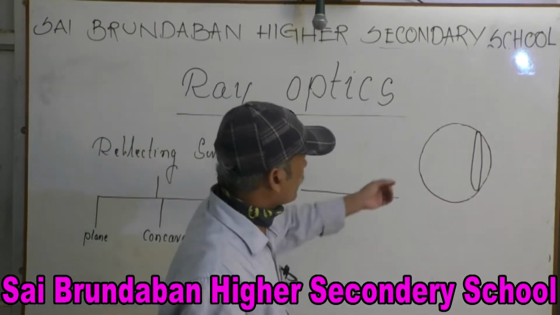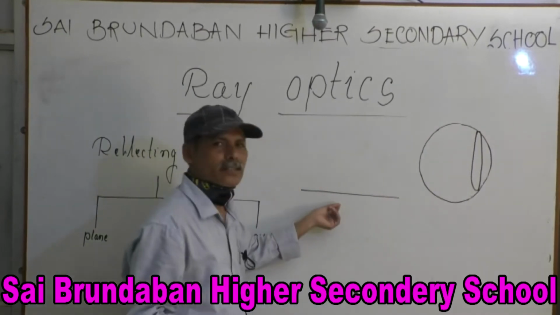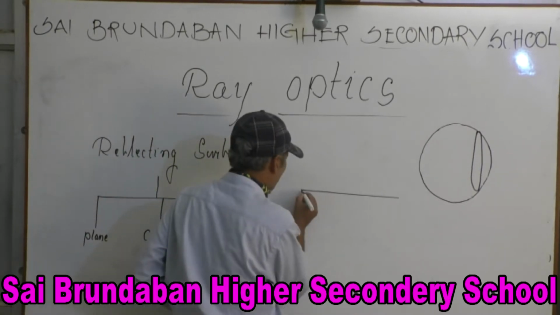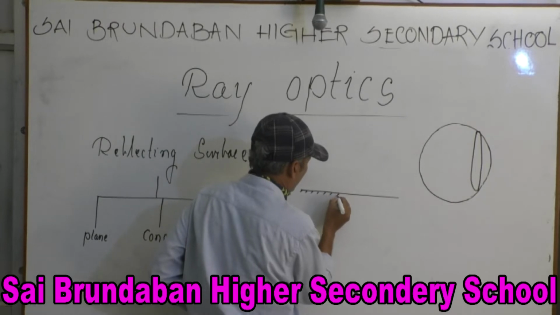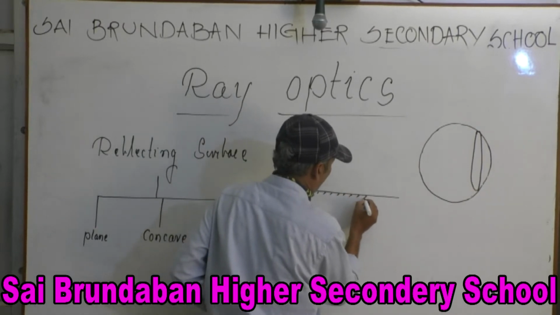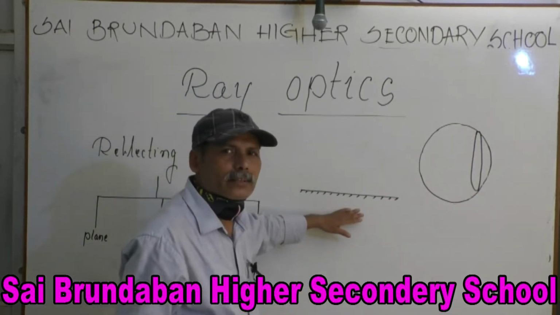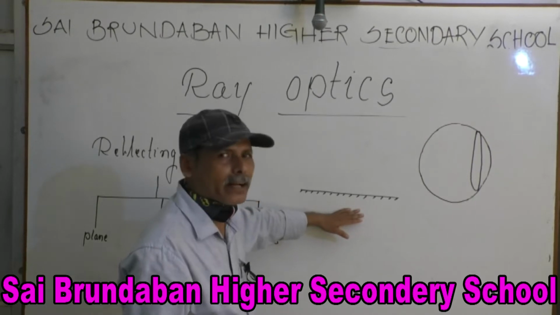Here, this is a thin glass sphere and this is a thin glass plate. This side is silver coated, means opaque.